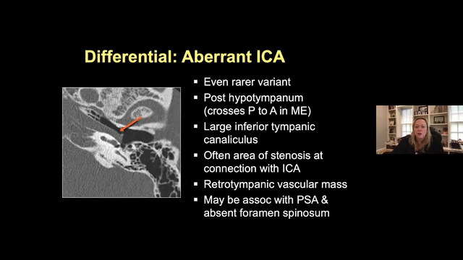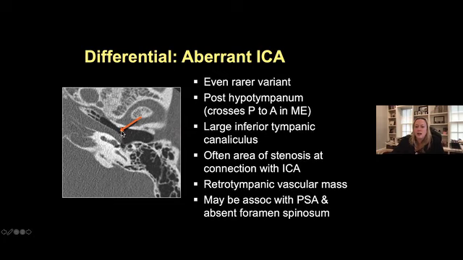So an aberrant ICA sounds the same, but it's a little bit different. It's an even rarer congenital variant in which the carotid takes an anomalous course. Again, it's seen lateral to the basal turn of the cochlea. You can see it comes out lateral to that.